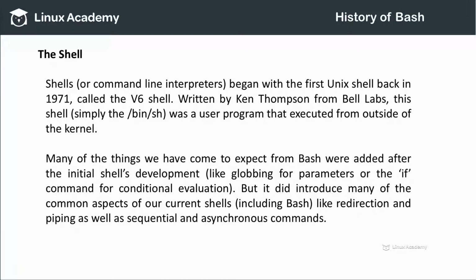So we have to back up to talk about the shell itself. The shell, or any shells on a Unix-compatible system, of which Linux is one type, are often called command line interpreters. And they began with the first Unix shell back in 1971, called the V6 shell, Unix V6, back in the late 60s, early 70s.